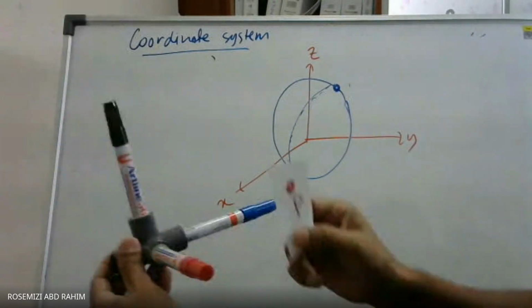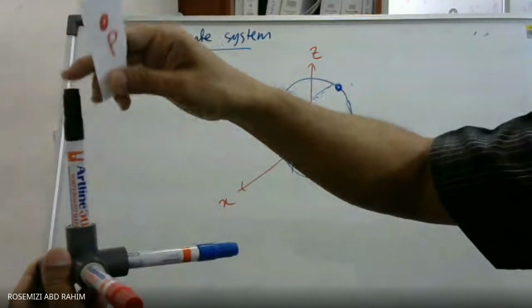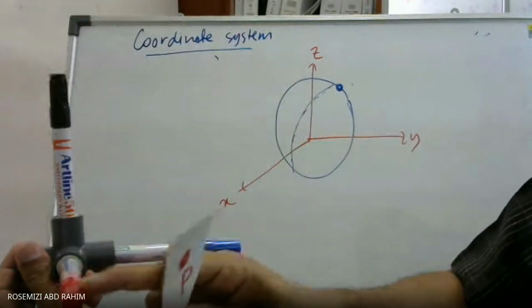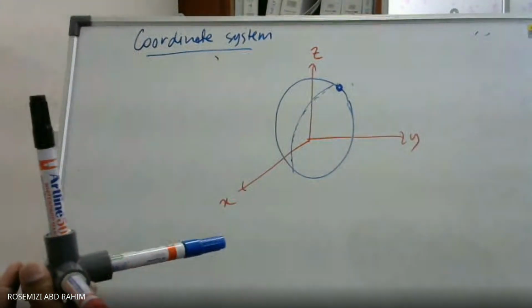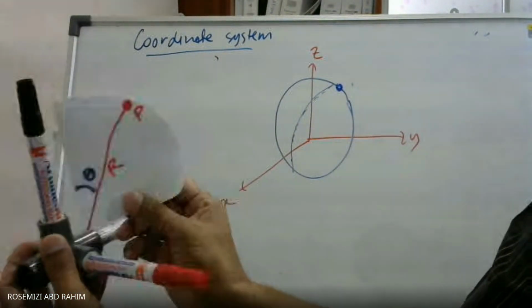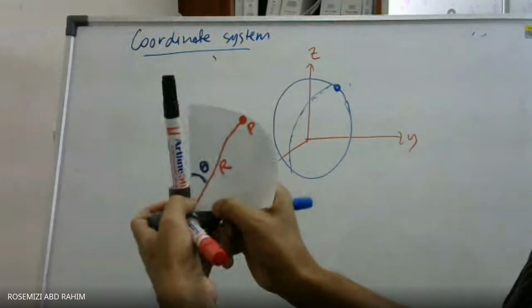This is point P. Point P is here. This is the Z axis, X axis, and Y axis. By using the spherical coordinate system, we can cut into quarters.